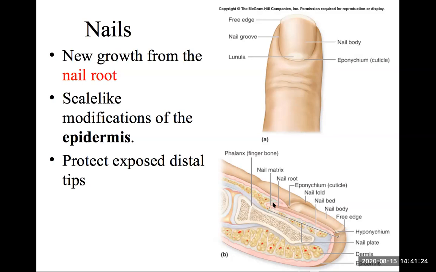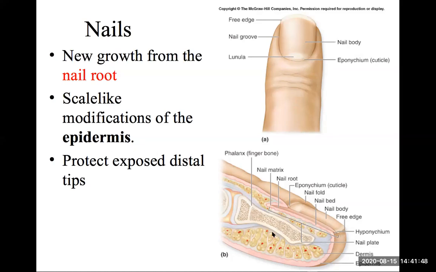That's where mitosis happens. New cells are made there and then pushed forward by other new cells that are being formed by mitosis. These cells fill with keratin, die, and are just pushed forward. Okay, so all of the cells here on the nail are dead. This is, again, epidermis.